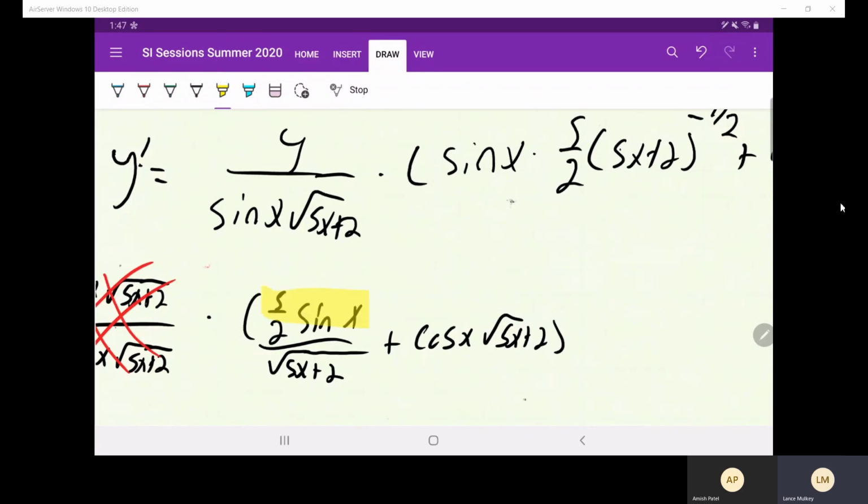So this right here is your final answer. Whoa, why is that not an answer? I'm guessing you're having the same issue as me in this problem.